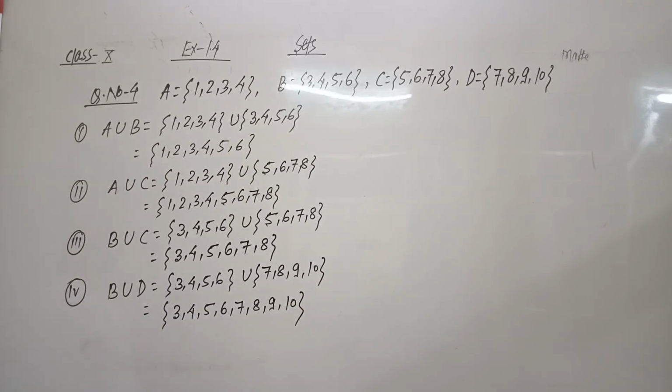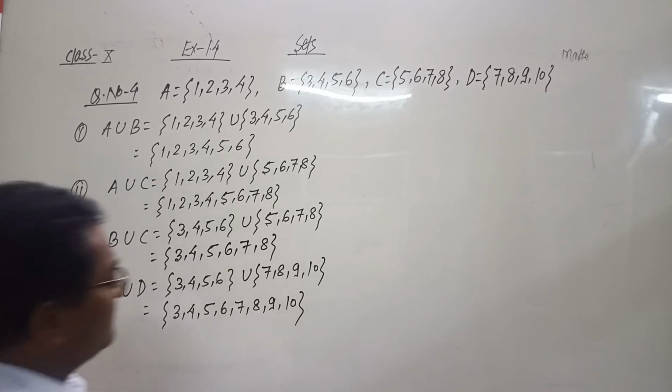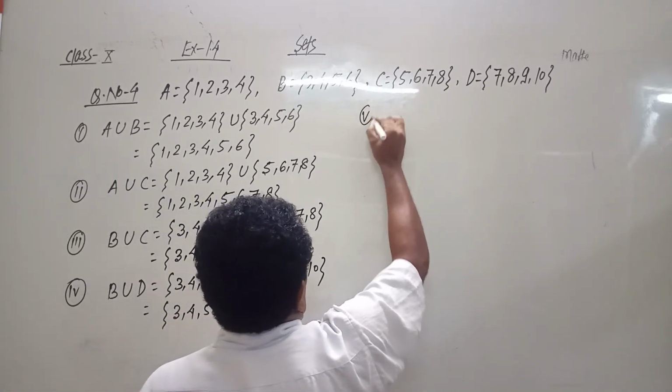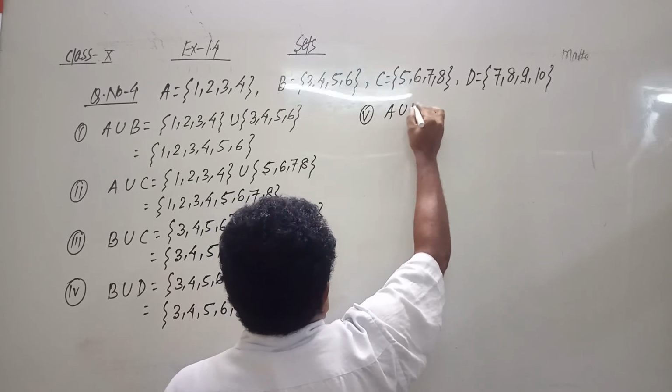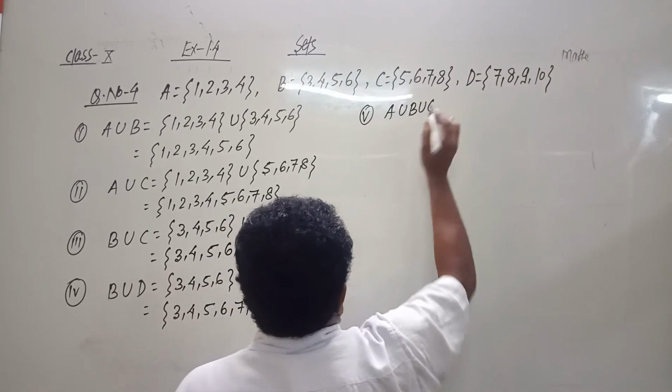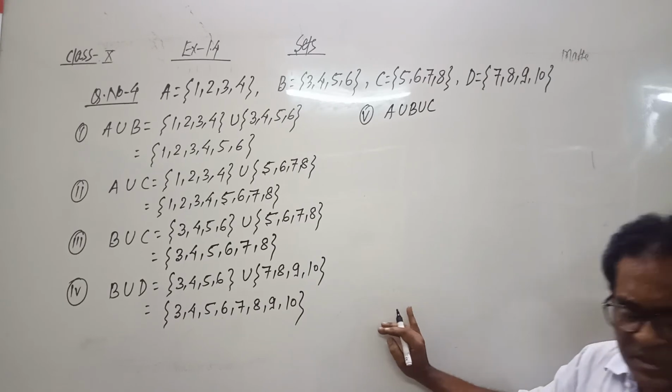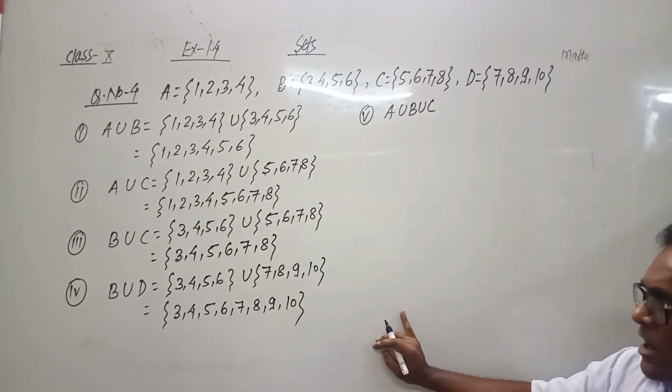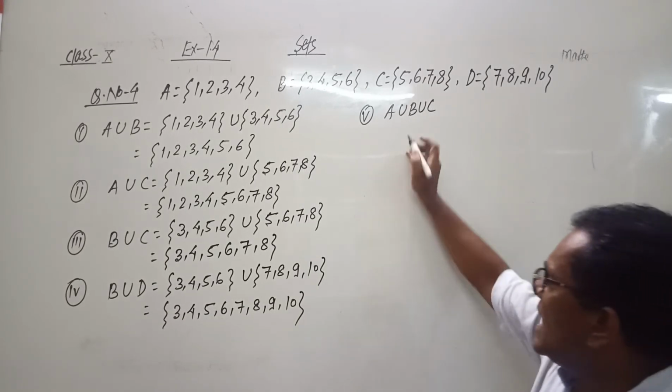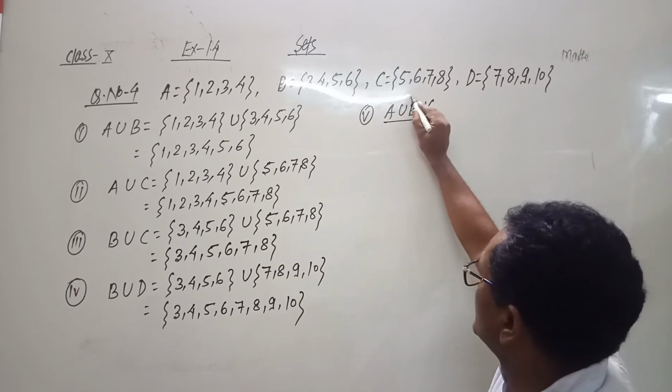Now the fifth part, A union B union C. Firstly, we have to solve any two, either the first two or the last two.